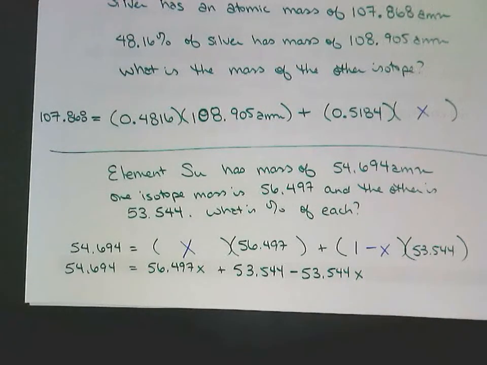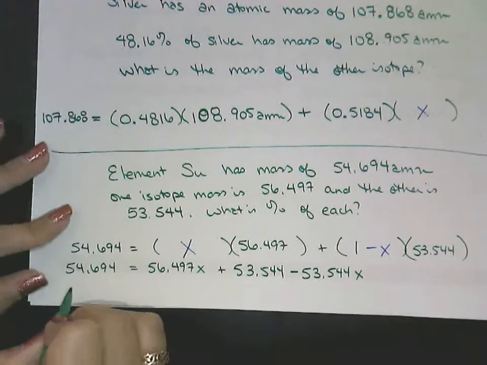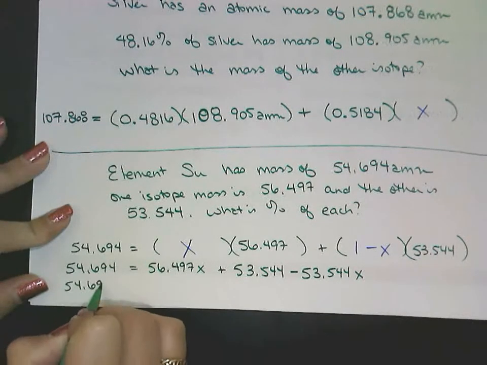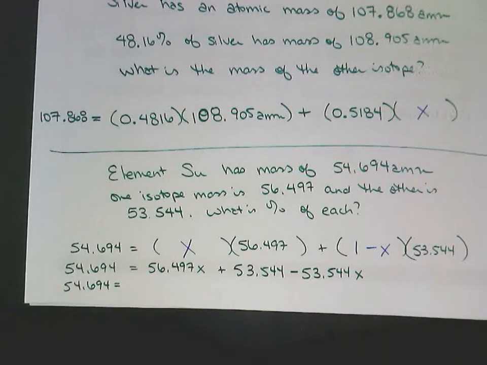Of my new terms, what can I put together? The things that have X's together, right? So let's see, 56.497 plus, minus 53.544.